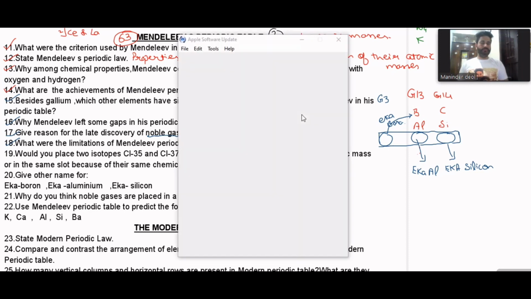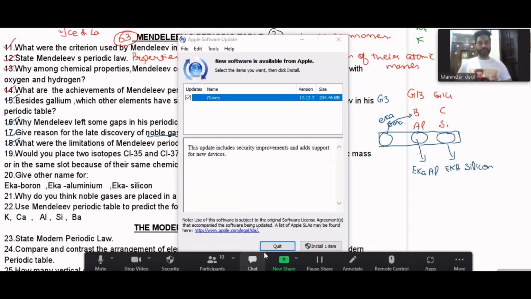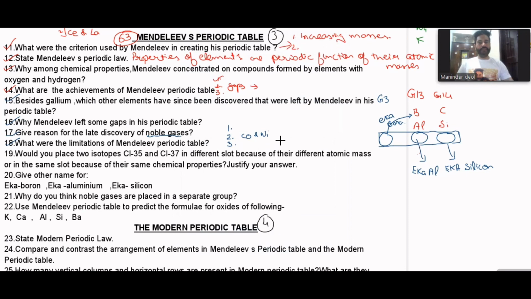But he gave only one position to the isotopes. If I ask you how many isotopes of hydrogen there are, three: protium, deuterium and tritium. These are all isotopes of hydrogen, but he gave only one place to hydrogen, whereas according to the increasing order of atomic mass, these should get three different positions. So this is again a limitation of the Mendeleev periodic table.